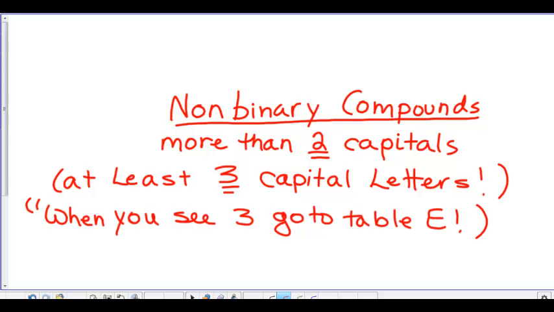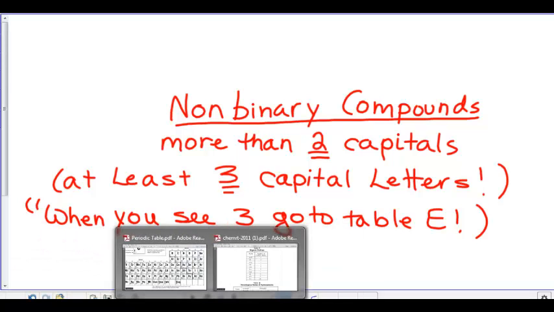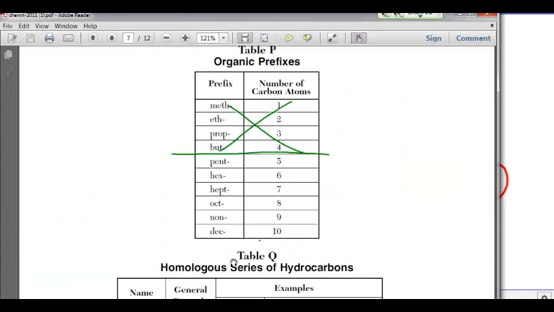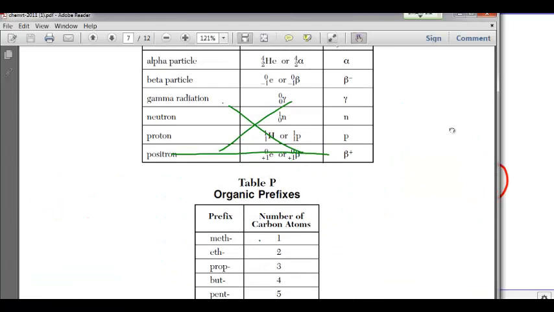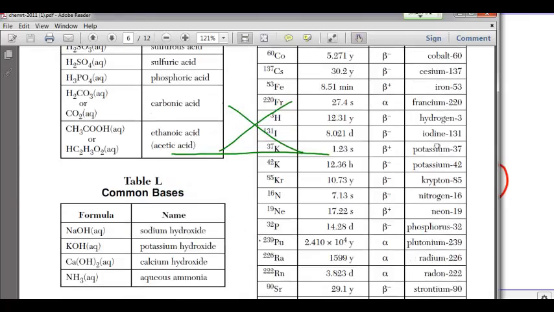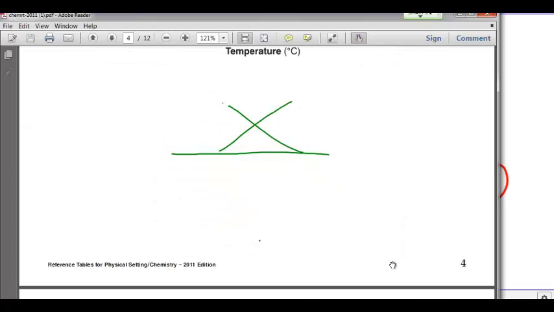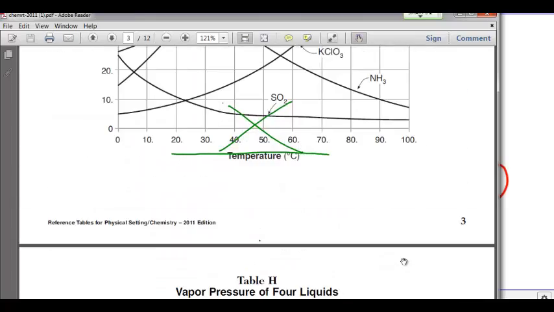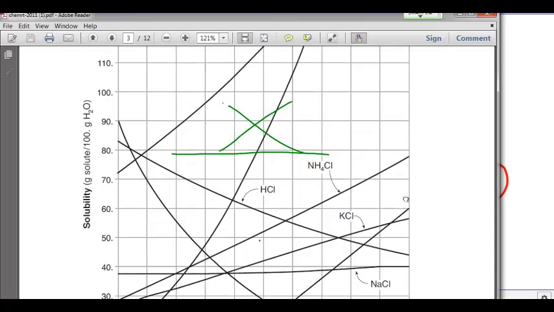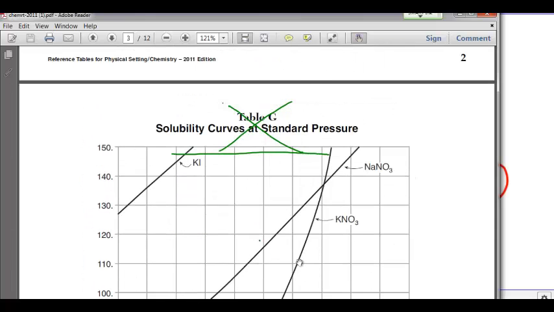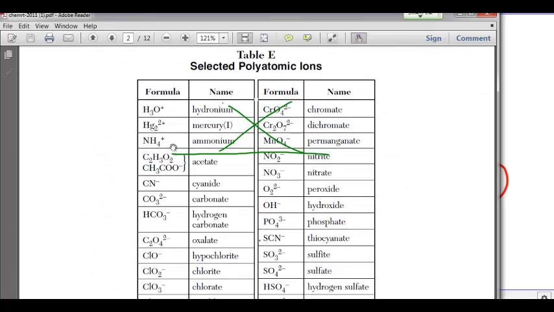Because what you have inside of you, if you have 3 capital letters, is something called a polyatomic ion. And if we just take a look at table E, which I thought I already had up here, but I guess not. There we go.